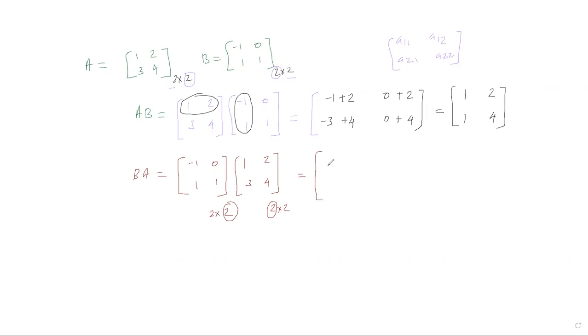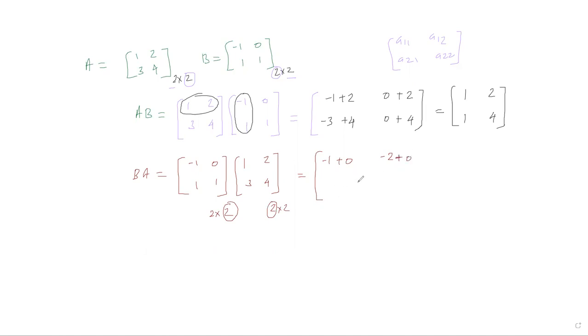First row into first column: -1 into 1 is -1, plus 0 into 3 is 0. First row into second column: -1 into 2 is -2, plus 0 into 4 is 0.